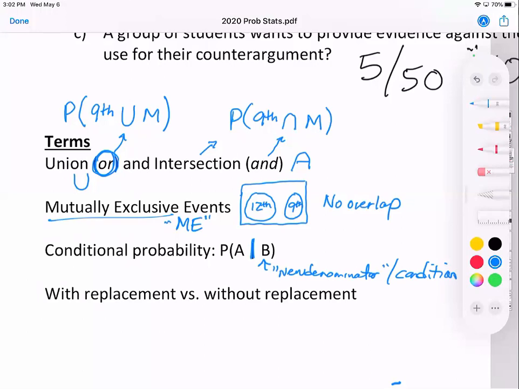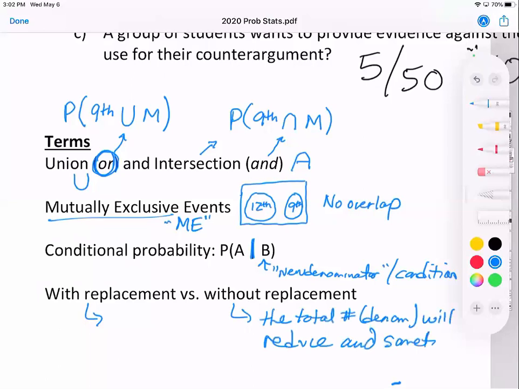And then with replacement versus without replacement. The effect that without replacement has is that the total number, like in the denominator, will reduce, and sometimes the numerator, depending what the event is.